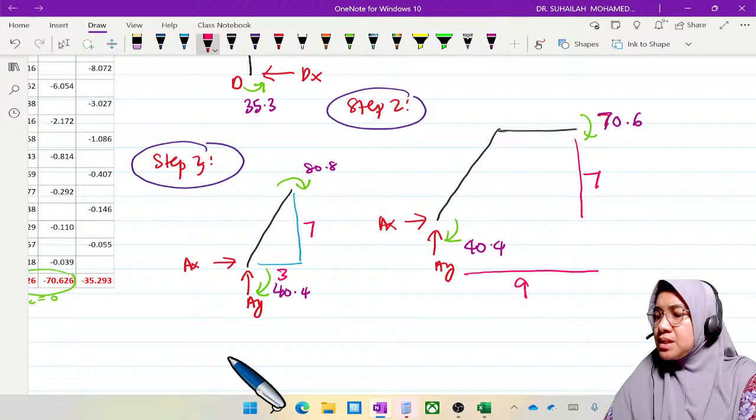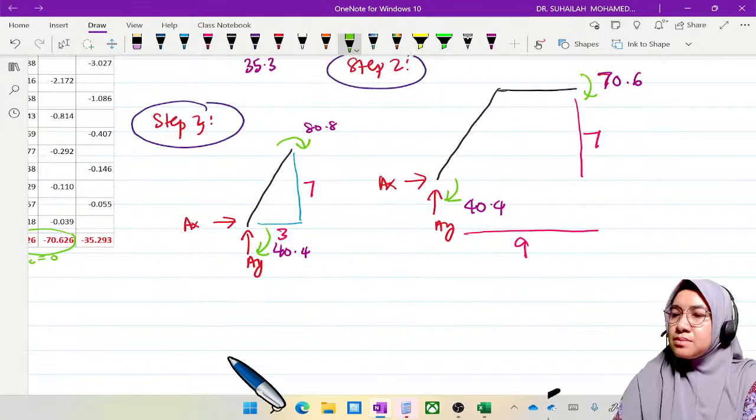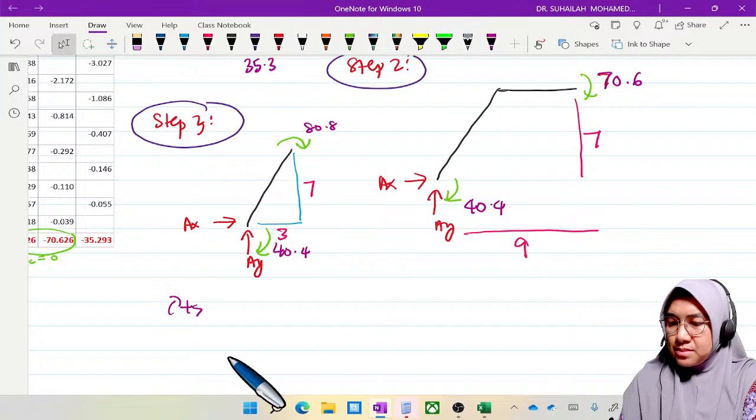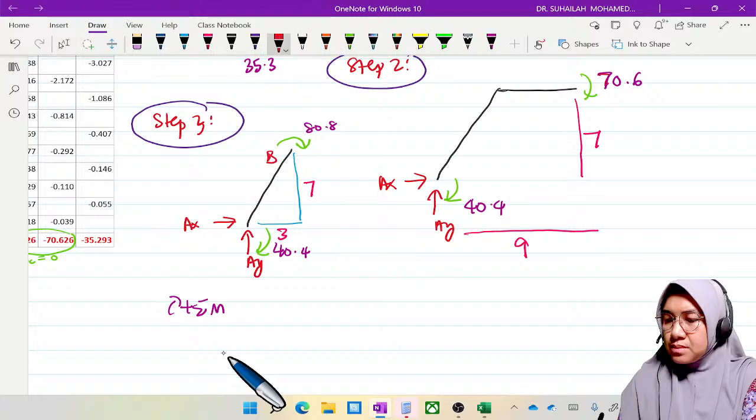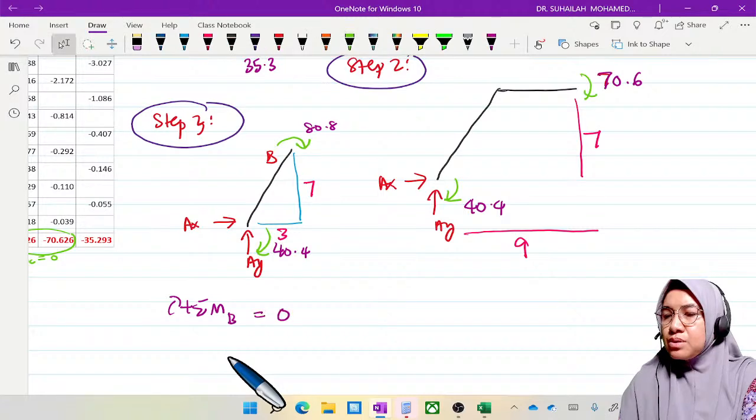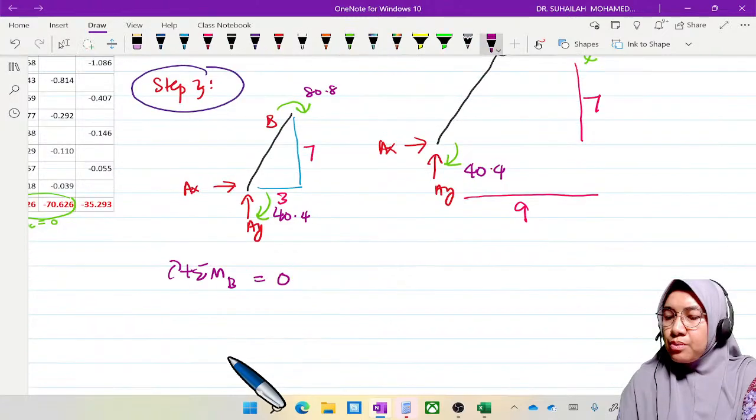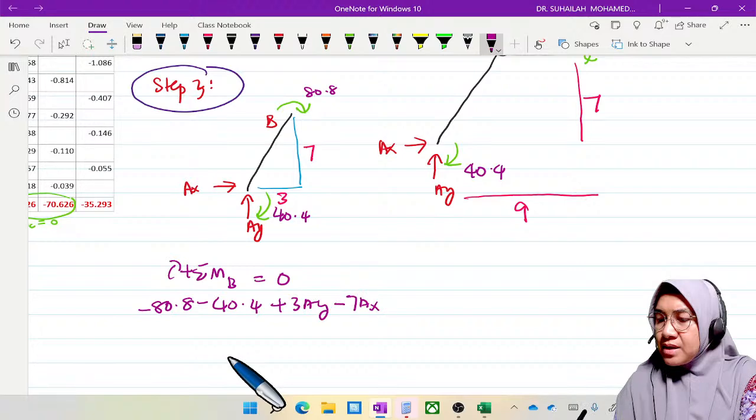So for this one, we have to take moment at B. Take moment at B, which is equal to 0. So we will get negative 80.8 minus 40.4, then plus 3AY minus 7AX. This is equal to 0.